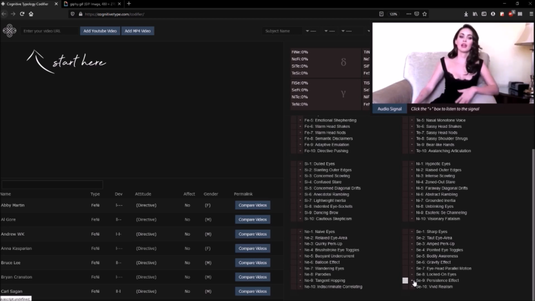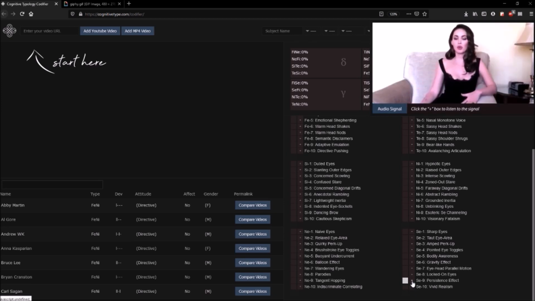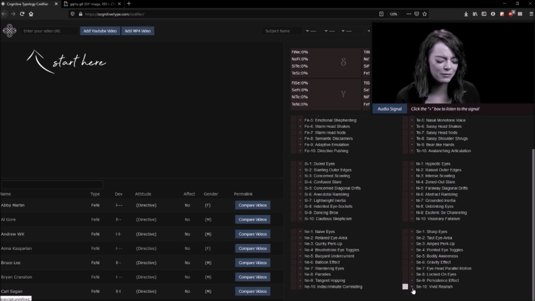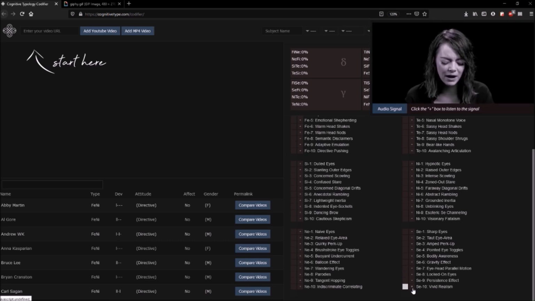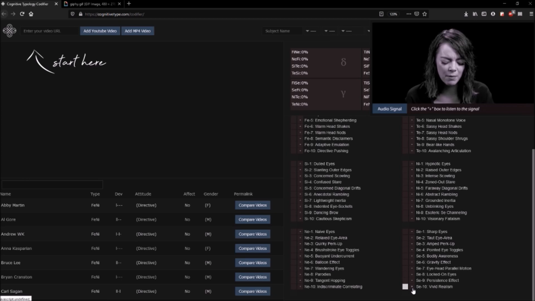SE10 relates more to the quality of the stimuli, the vividity and the coloration, the richness of it. So SE9 happens because of the constant inability to turn off immersion in the environment and how that affects the person. And SE10 is more specifically their tendency to describe, let's say, a single experience with a deep richness of color and contrast.